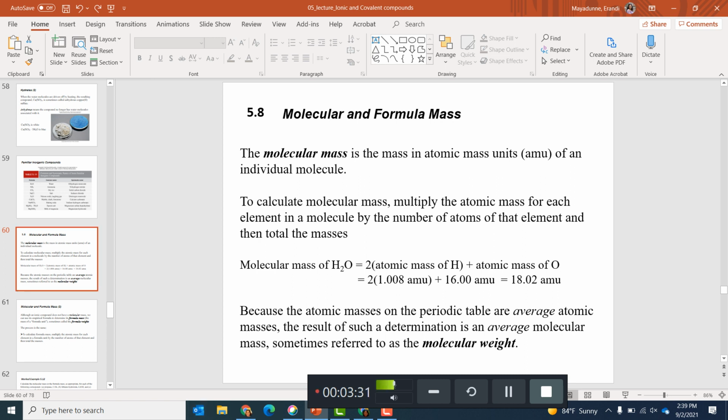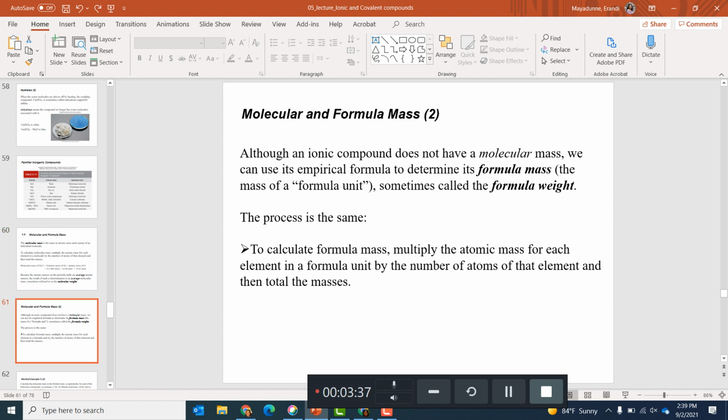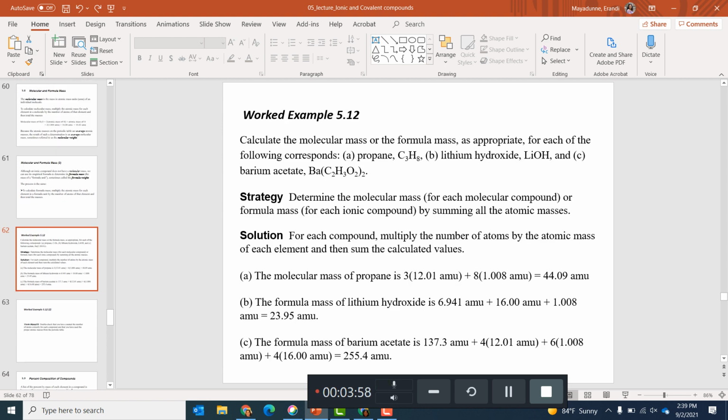You get the atomic mass unit from the periodic table, and then 16 for the oxygen, and you add all together. Although an ionic compound does not have a molecular mass, we can use its empirical formula to determine its formula mass. So we always look at the ionic compound, get the empirical formula, and we get the mass of it.